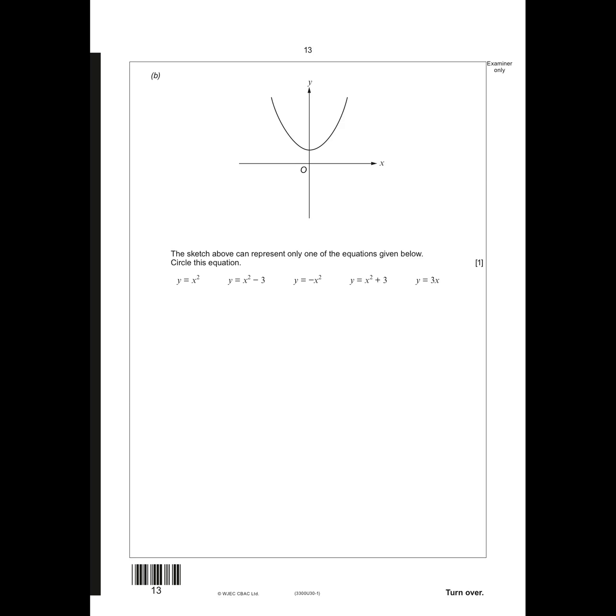Okay, part B. I'm looking at a quadratic curve. I know I'm looking at a quadratic curve because all x squared curves are going to have that shape, and all minus x squared curves would have that shape. So because of that positive shape, that one's definitely ruled out.